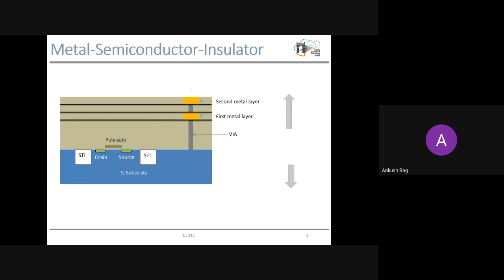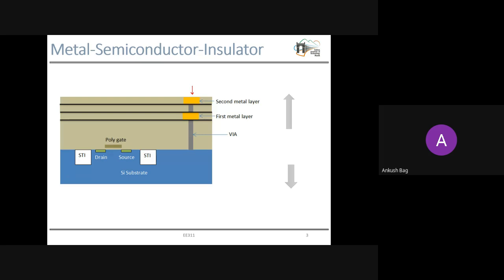This is called a via, and this is a typical metallization layer. This is not a discrete device; this is an integrated circuit. These are the lines, or the metallization, used to connect different devices together, and eventually we get a particular application or a complete circuit involving different active as well as passive devices.